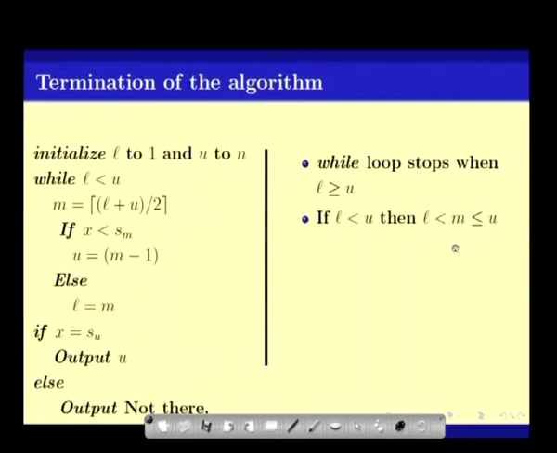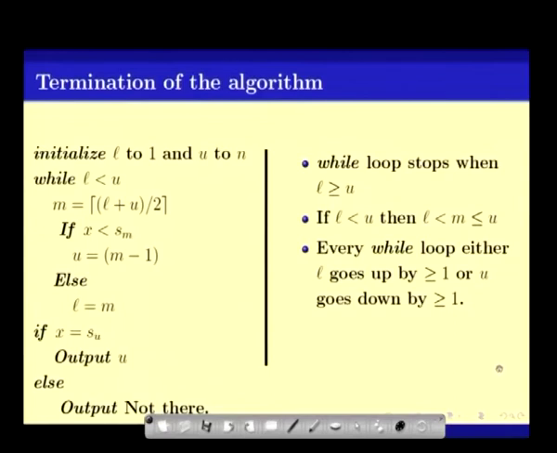So, either L goes up by 1 or U comes down by 1, and thus it will stop after at most n steps. This is where it is crucial that I have been using this ceiling part for m.